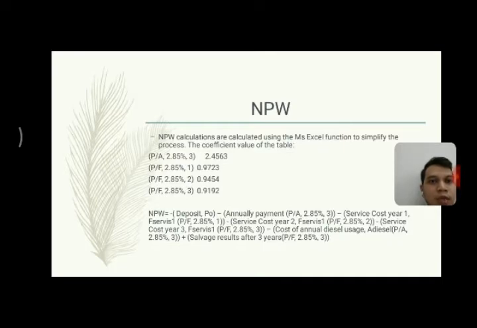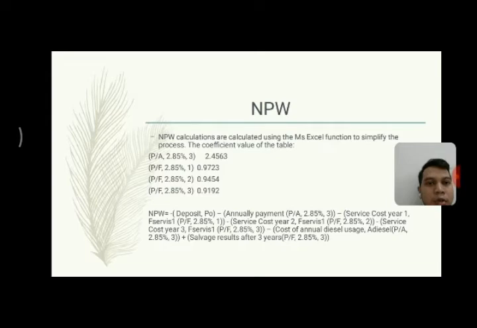The coefficient value from the table P over A at 2.85% for 3 years is 2.4563. For P over F at 2.85%, year 1 is 0.9723, year 2 is 0.9454, and year 3 is 0.9192. So how do we calculate?